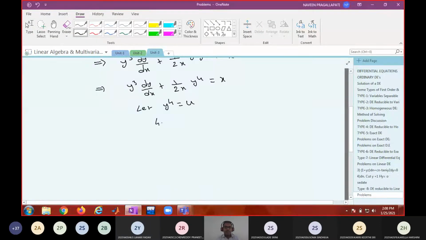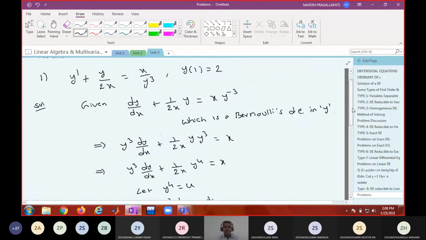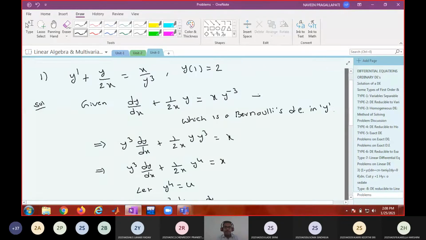Then 4y^3 dy/dx = du/dx. This implies that y^3 dy/dx is equal to 1/4 du/dx. So the template is the same, the procedure is the same, once you identify this as a Bernoulli differential equation. This is from equation 1. Call this equation 2.